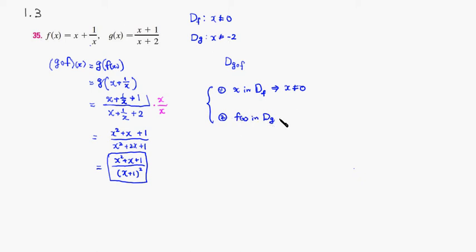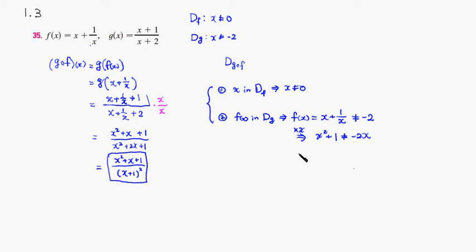So f of x, which is given to be x plus 1 over x, we have to make sure that this is not equal to -2. We have to solve this. First thing I would do, I don't like fractions, so multiply through by x. So you have x squared plus 1 cannot be equal to -2x.